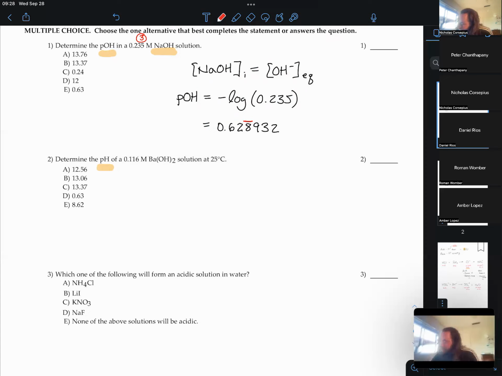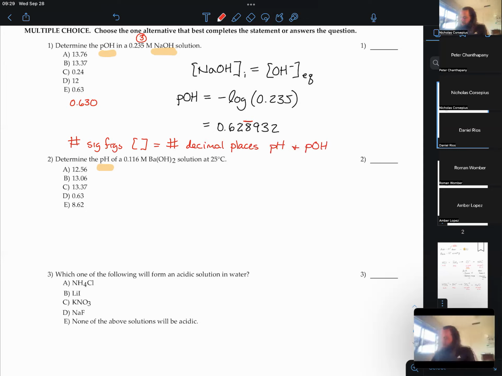So really it should be 0.630 if I was really being good about sig figs. Remember, this is because we have this new log operation. The number of sig figs in my concentration is equal to the number of decimal places in my pH and now pOH.